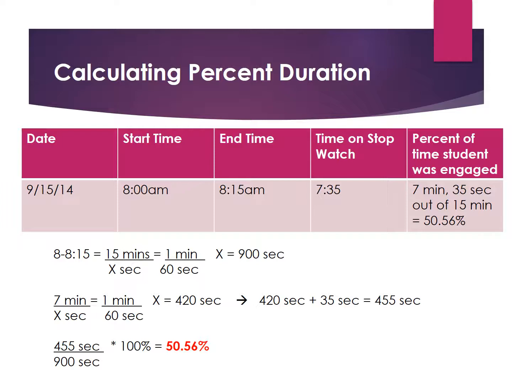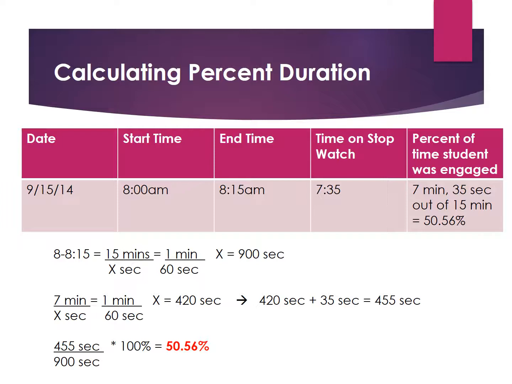So, since I have the student being engaged for 7 minutes and 35 seconds, I need to convert the 7 minutes into seconds so I have the same time duration. At the bottom of the screen, you'll see that I'm also converting my 15 minutes into seconds because I need to have that same unit of time when converting my percentage.